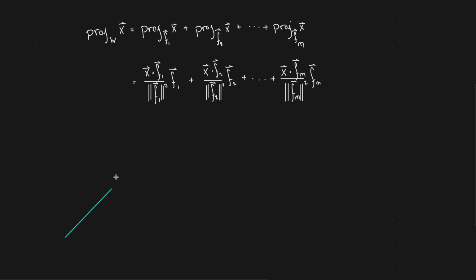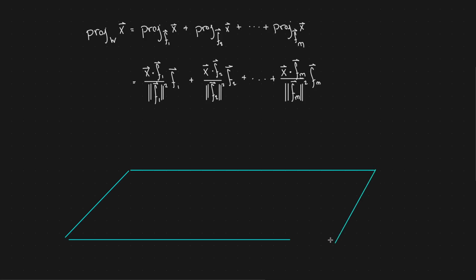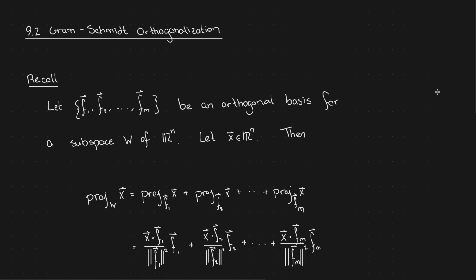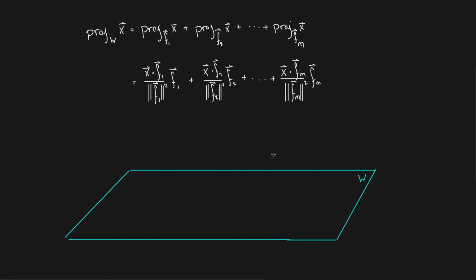And so just to draw a picture to remind you what we're dealing with here. Imagine this is subspace W. Our F's are forming an orthogonal basis for this subspace.